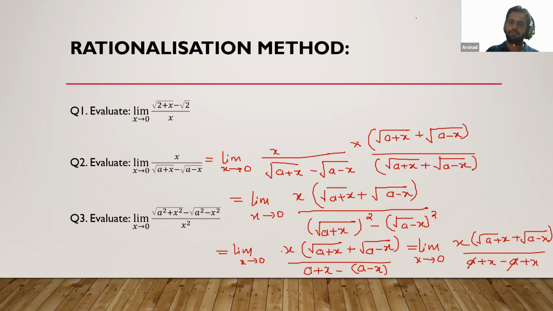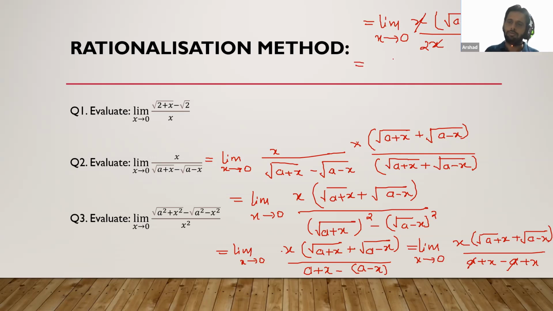A will cancel out. So here you will get x into under root a plus x plus under root a minus x by, sorry, 2x. This x will cancel out.